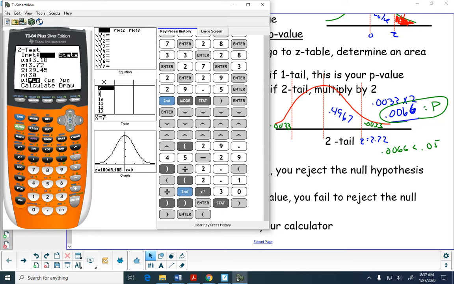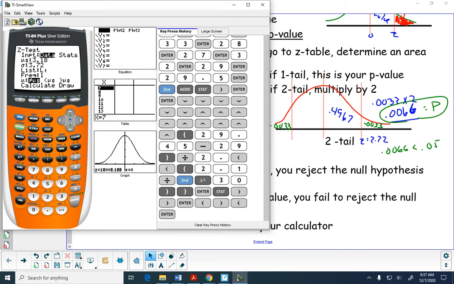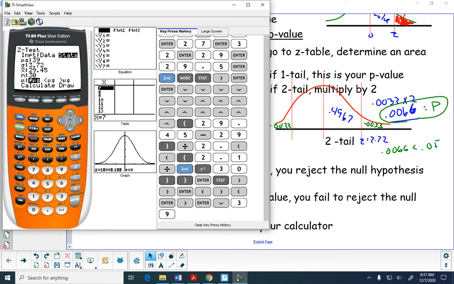Okay, so if data values is highlighted there, you want to use your right arrow and go over to statistics and hit enter. Our mu is 39,385. So we enter in 39,385 and hit enter.